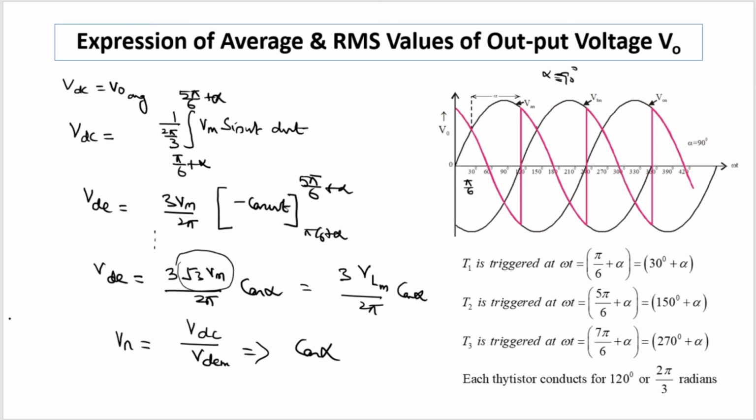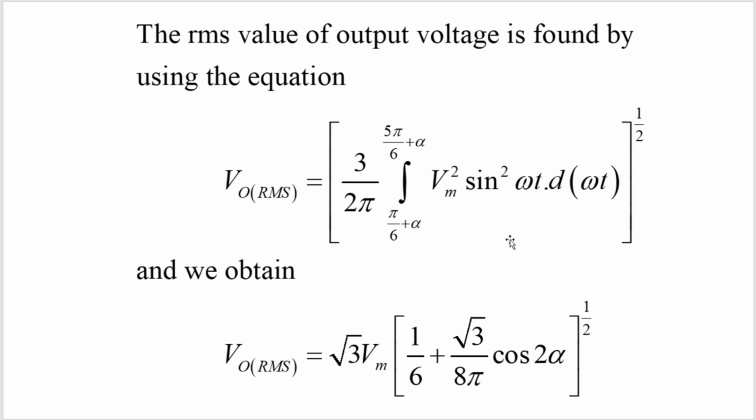So the RMS value you will have to find out on your own. I'm simply giving you the expression. It is similar: 3 upon 2 pi, Vm square sin square omega t. The limit of integration remains the same. This power 1 by 2 represents the square root, because whenever we take the RMS value, the procedure is a bit reversed. That is, first of all we take the square of the given voltage wave, then we take the mean, and then we take the root.